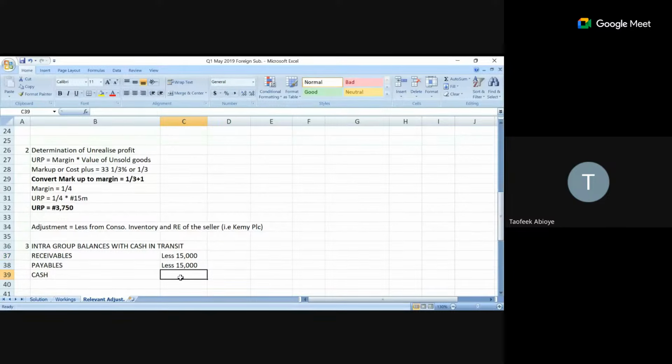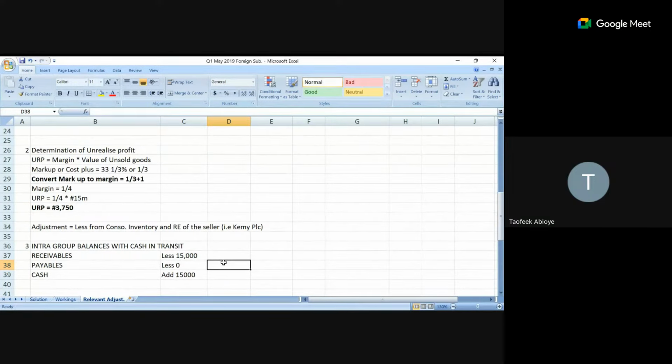So now this is how we are going to do it. How much is that something in transit? Cash. So we are now going to add that cash to your cash. Now, what are we going to do? This cash, you are now going to subtract it from both of them. So this one will now be zero.